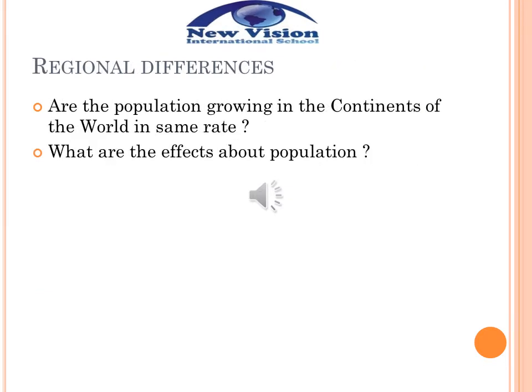Regional differences. Now we have two questions here. The first one is, are the population growing in the continents of the world in the same rate? Number 2, what are the effects about population? In next paragraph, maybe you can find the answers.